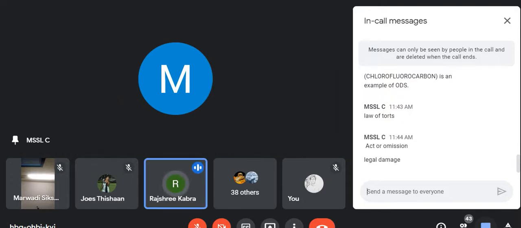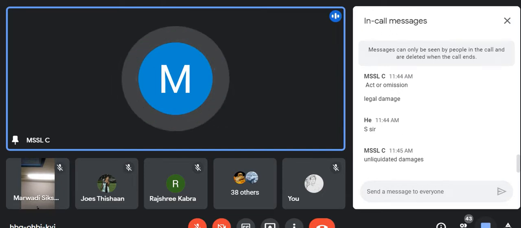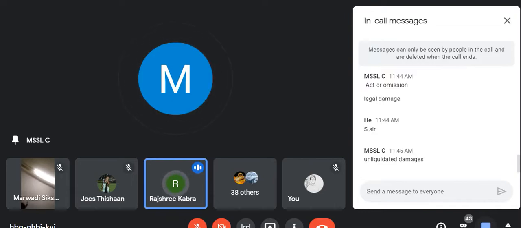Crime, contract, trust, quasi. Is it? Yes. Anyone? Just equity and good conscience, good faith, duty of care. Okay. So just equity, good conscience.